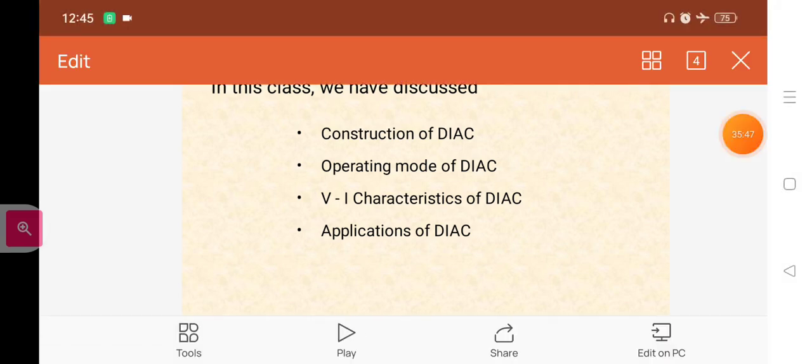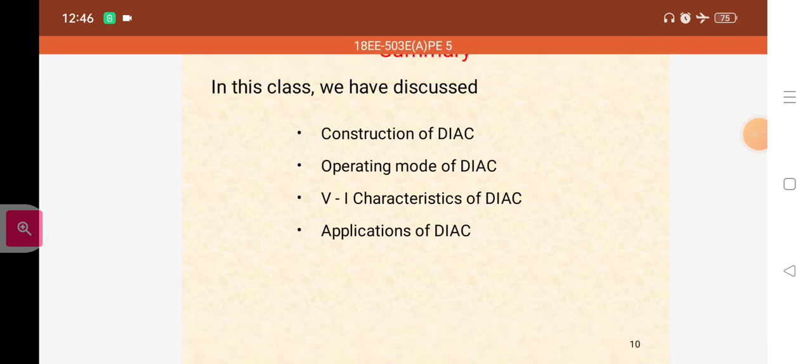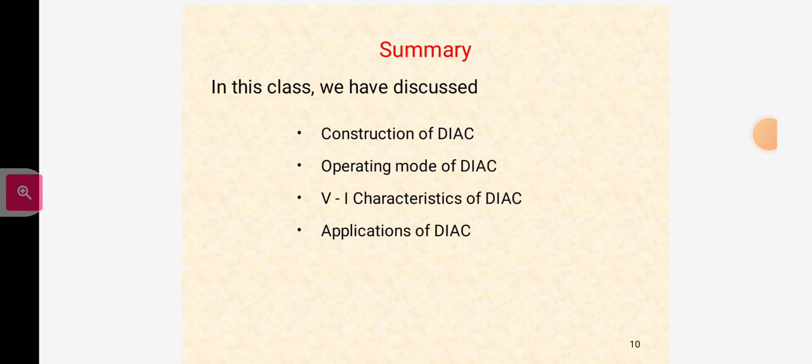In the cross-sectional view of DIAC, it consists of four layers, NPN and PN dash, and it has two terminals T1 and T2. These terminals T1 and T2 are connected to the P region of silicon separated by the N region, and the symbol of DIAC we have already seen.